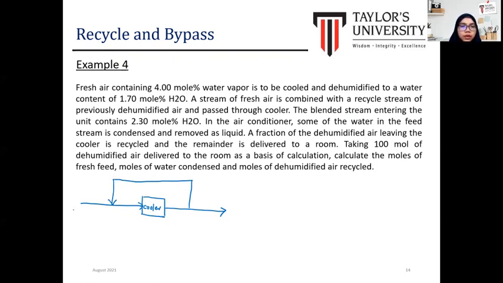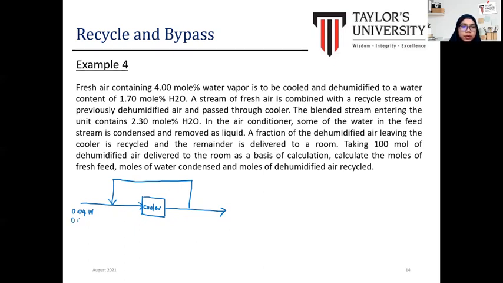So the fresh air contains 0.04 water, and also what else we have? Dehumidified air. So we have two materials, dehumidified air and water.